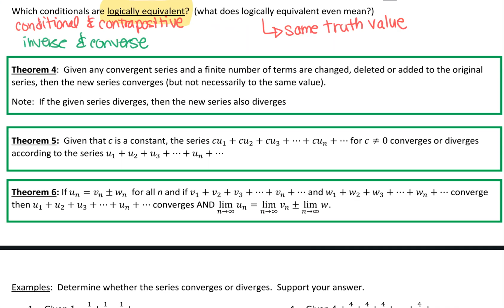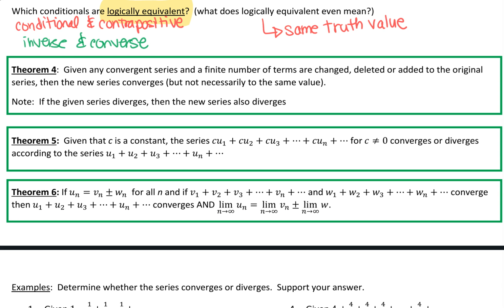All right. Theorems 4, 5, and 6 here are more or less kind of algebraic type properties that go with these series converging or diverging. Okay?